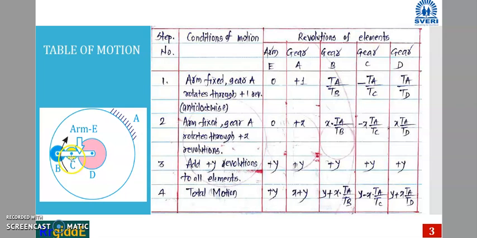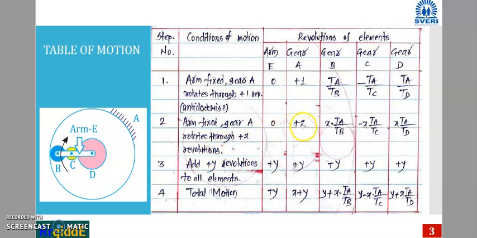Then B is in mesh with C. As there is external meshing, C is going to rotate in the clockwise direction, so put minus sign here. Then C is in mesh with D. D will rotate in the anti-clockwise direction, so plus sign will be there, that is TA upon TD as it is. Again, second step: arm is fixed, gear A rotates through plus X revolution.